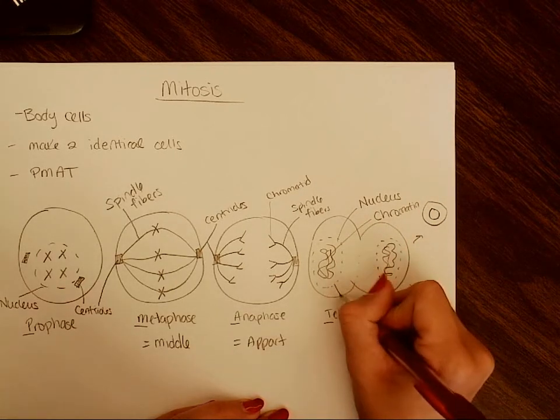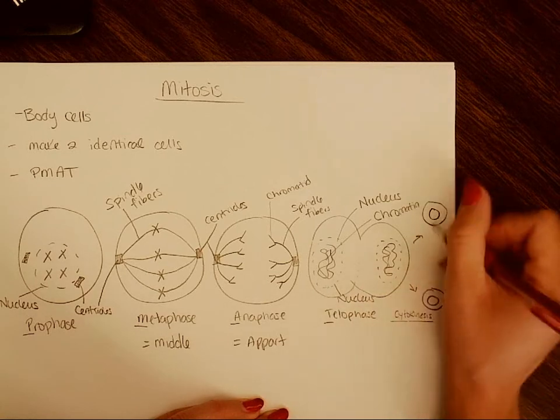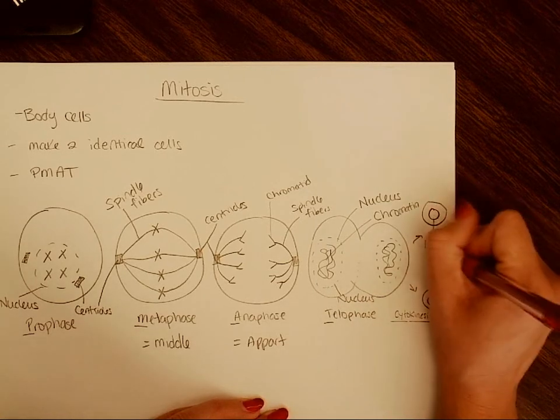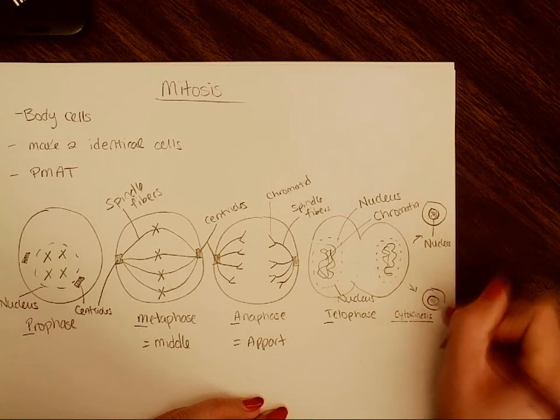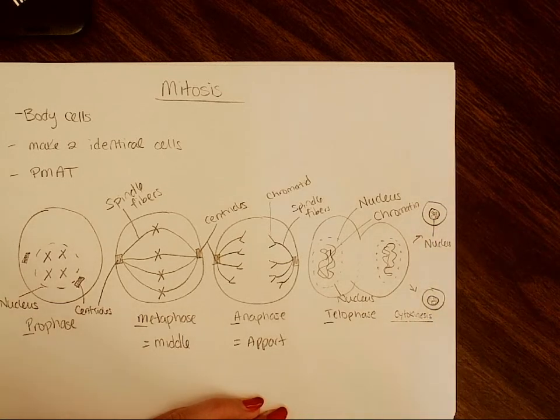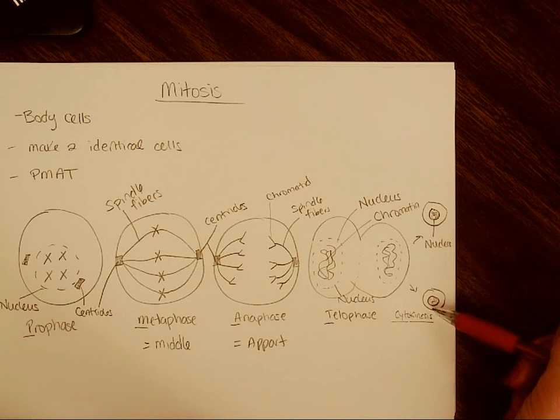I can label my nucleus here as well, sorry. The nucleus is reforming, and here the nucleus is fully formed. We see chromatin inside of these cells, and this is our process of mitosis. We have two identical daughter cells at the end.